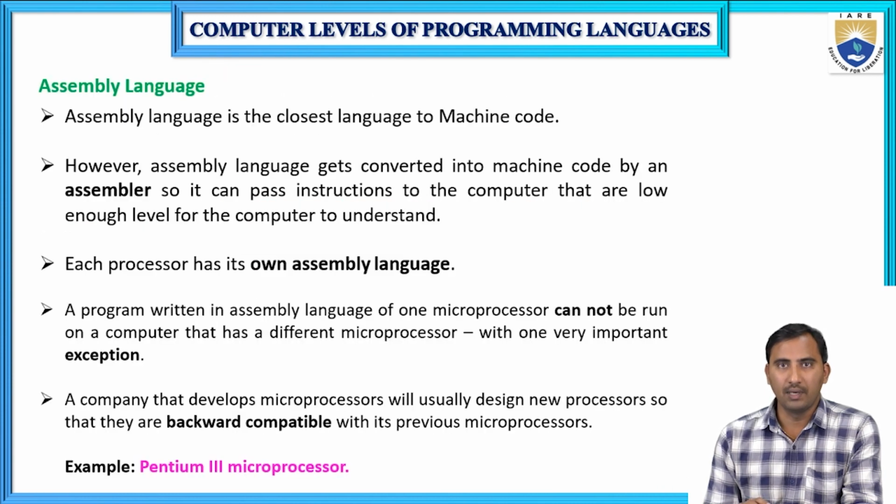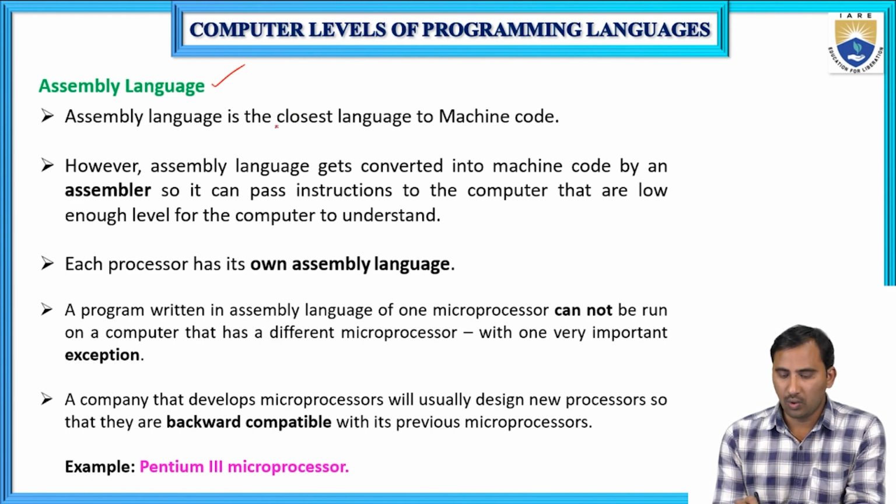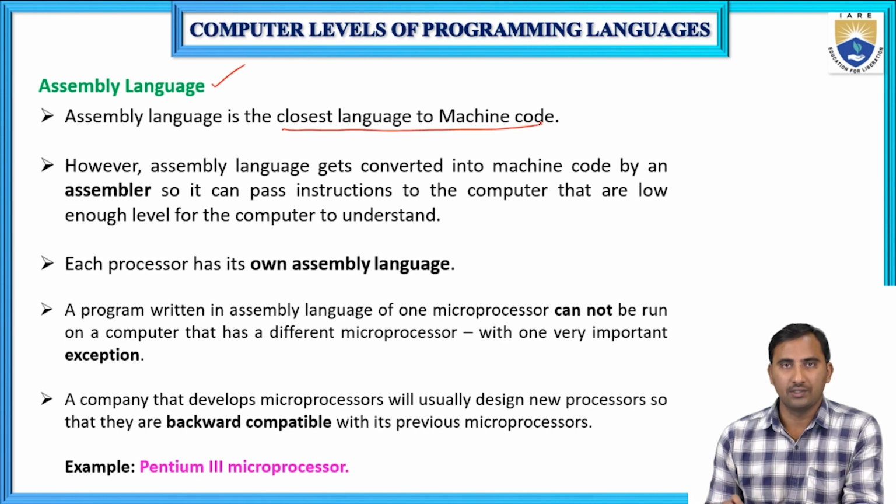So first we will see the assembly language. Assembly language is the closest language to the machine language, because machine language is nothing but zeros and ones. Similarly, the assembly language is very close to machine language, because in assembly language we write the program using mnemonics. For example, if you want to perform addition, we can use the mnemonic ADD.